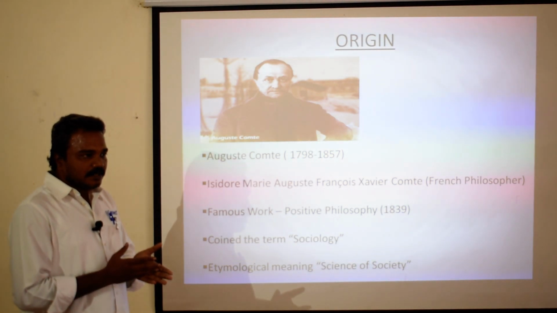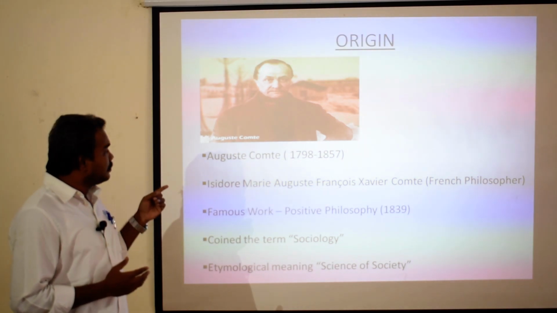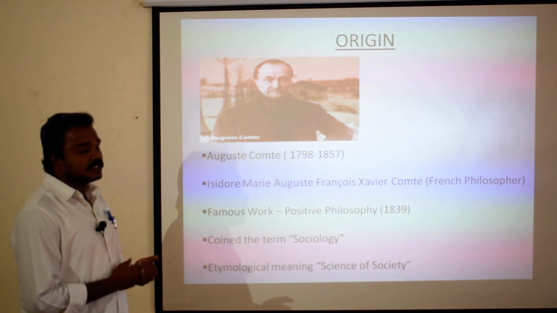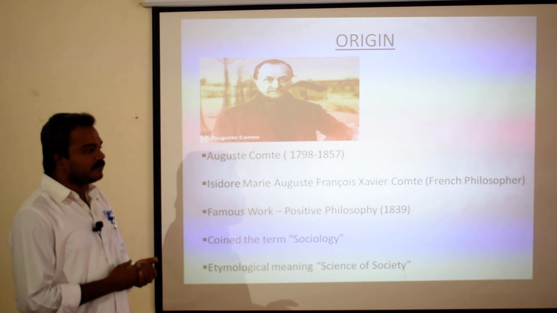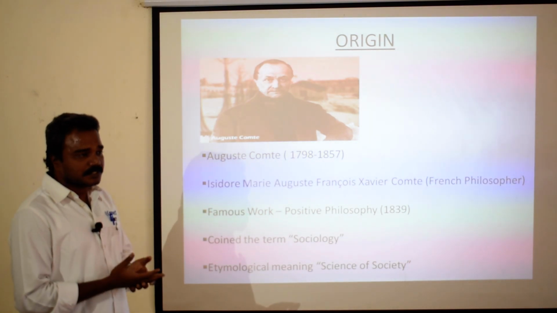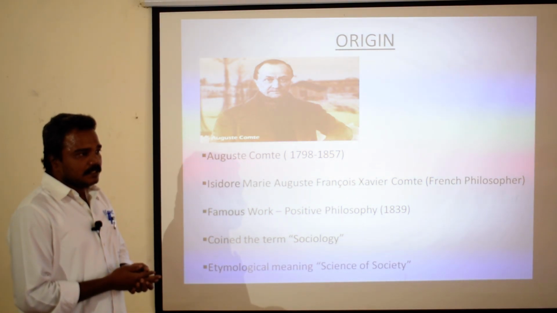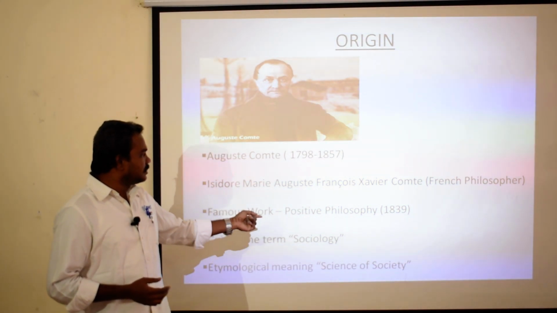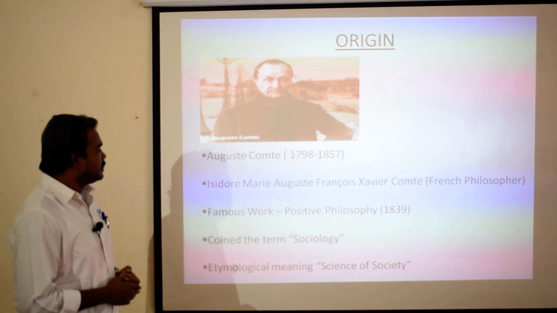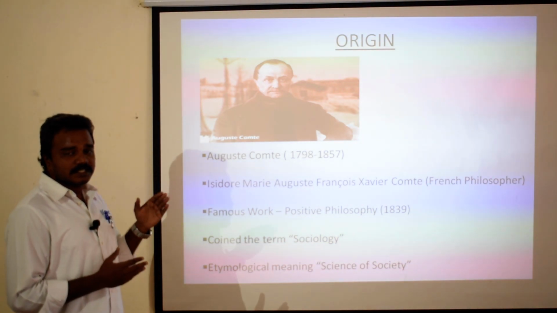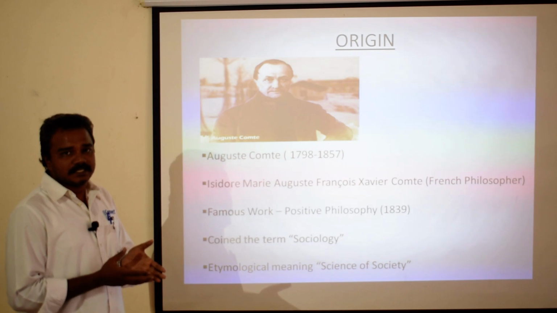But very recently, during the 19th century, Mr. Auguste Comte, a famous French philosopher, coined the word sociology. In his famous work, Positive Philosophy, Auguste Comte coined the term sociology.